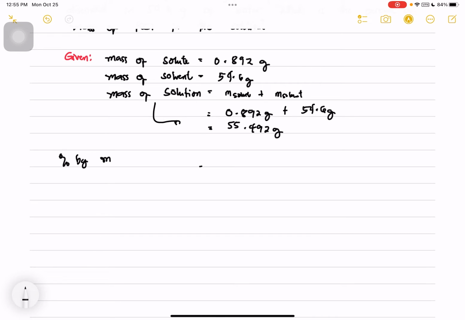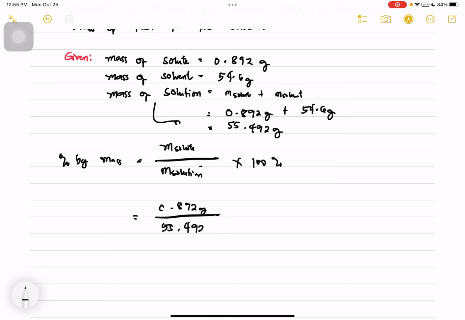Okay, so we have now the complete given, and we can substitute it into our formula, which is percent by mass is equal to M solute divided by M solution, or the mass of the solution, times 100%. So the mass of the solute is equivalent to 0.892 grams divided by the mass of the solution, which is 55.492 grams, times 100%, and 0.892 divided by 55.492 is equivalent to 0.0161 times 100%.